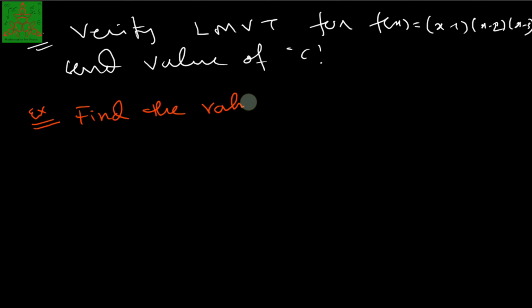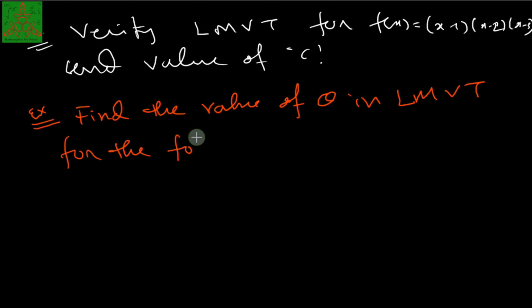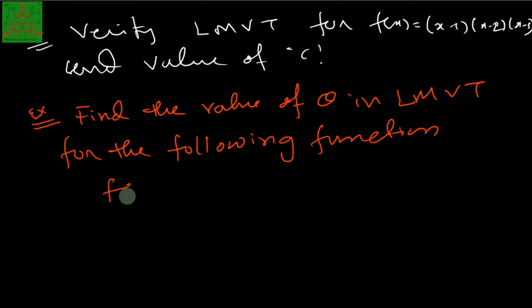Find the value of theta in LMVT for the following function. The f of x is equal to e power x, where x belongs to closed interval 0, 1. Now here instead of c they have used the word theta, so that means we have to use the another form of LMVT.